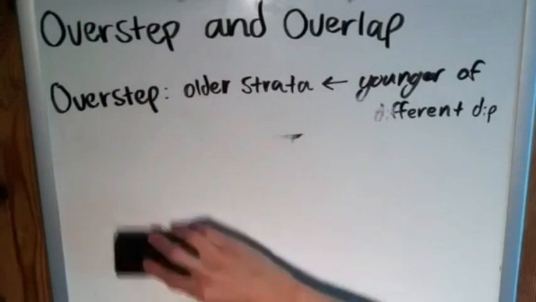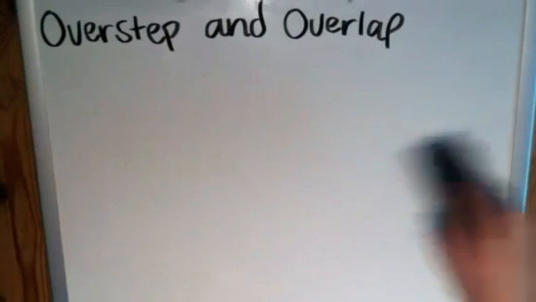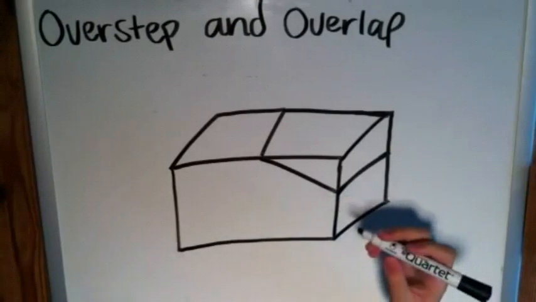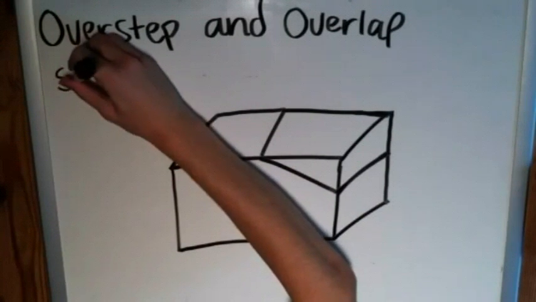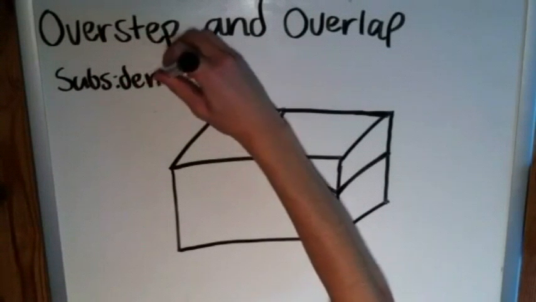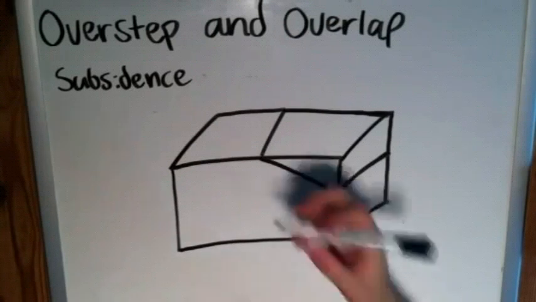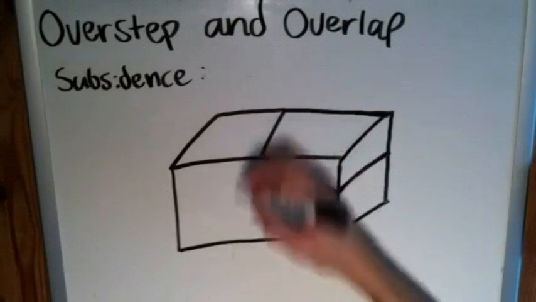The next topic is overlap. Now, a piece of information that's essential to understanding overlap is the concept of subsidence. And subsidence is just when you have this rising sea level, such that the ground moves down relative to sea level.